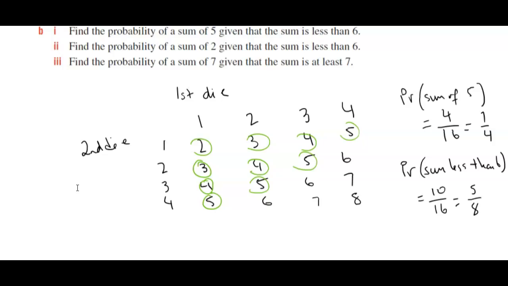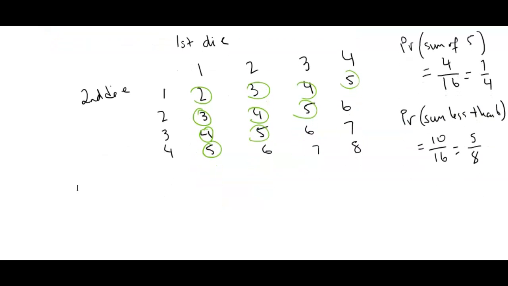So less than 6, we have 10. So your probability is going to be out of 10. And how many of them are 5s? We've got 1, 2, 3, 4. So that's going to be 2 over 5.